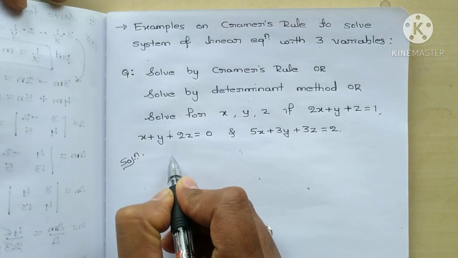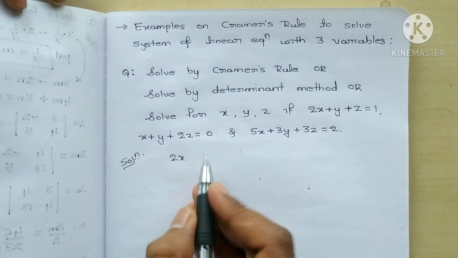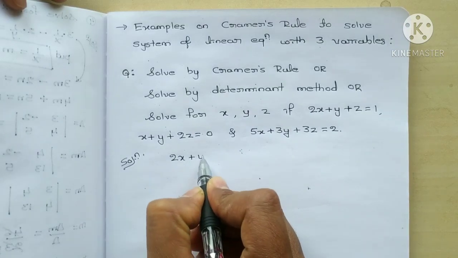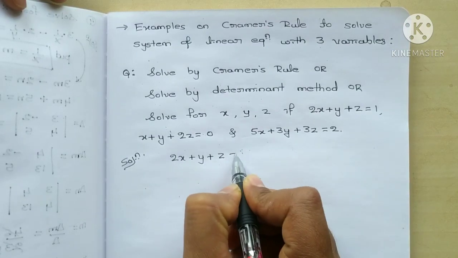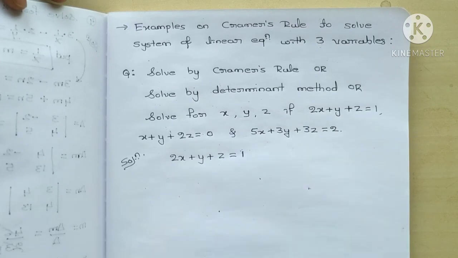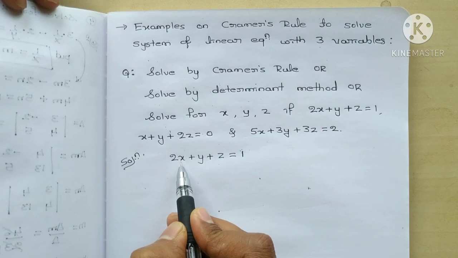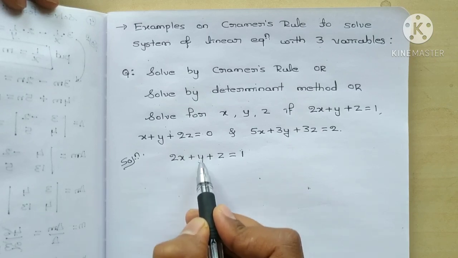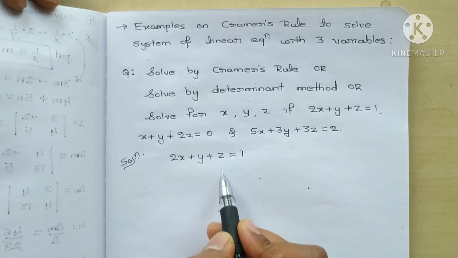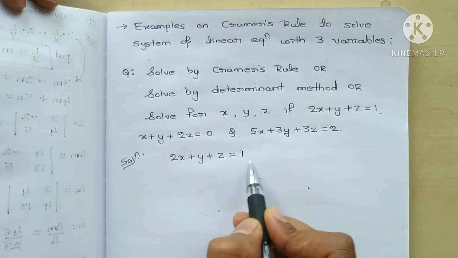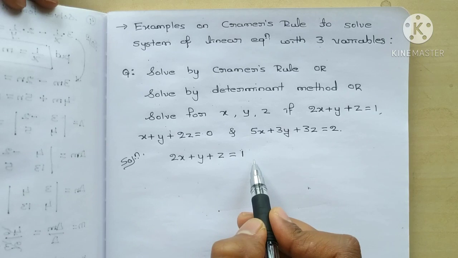First equation is 2x plus y plus z equals 1. This is in the standard form because on the left hand side all three variables are there, x, y, z. In that, first x is there, second the y term, and third z. And the right hand side is purely a constant term, so it is in the standard form.